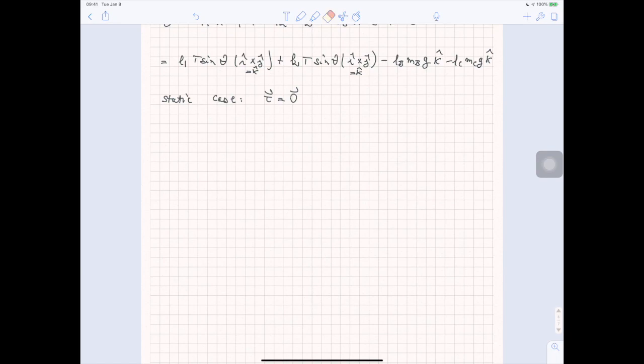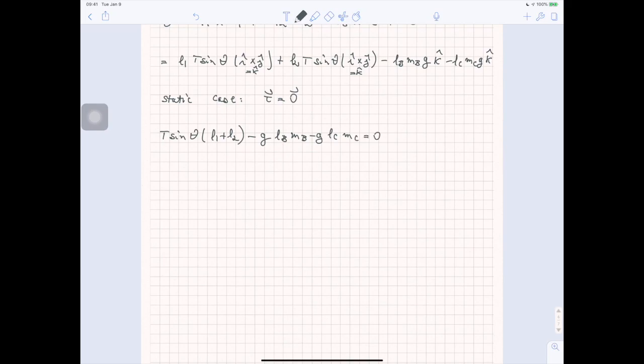So we have T sine theta times L1 plus L2. We have L1 from here, L2 from here, and you can take T sine theta out. Then we have these two negative terms, minus G LB MB minus G LC MC equals 0.